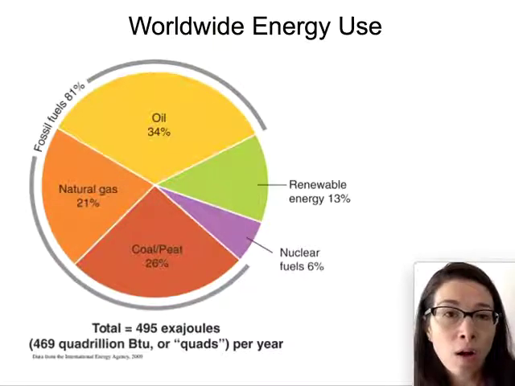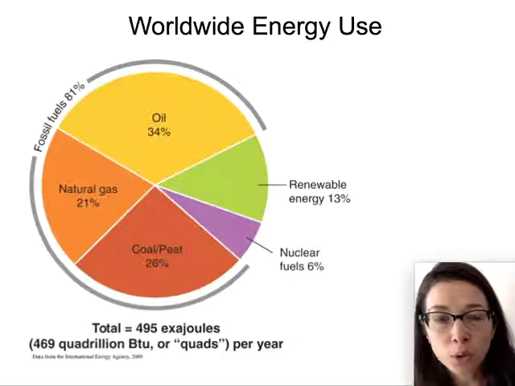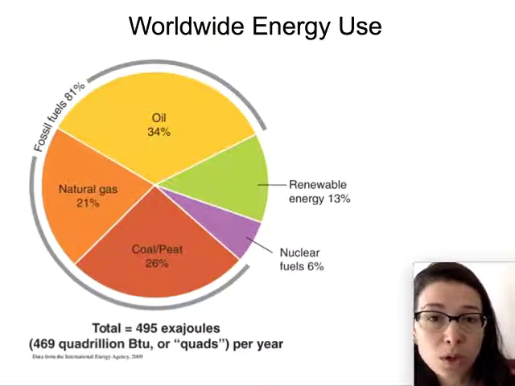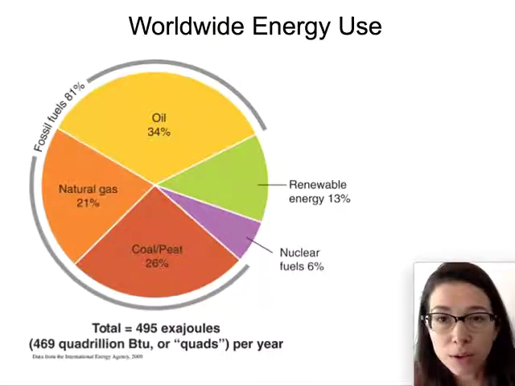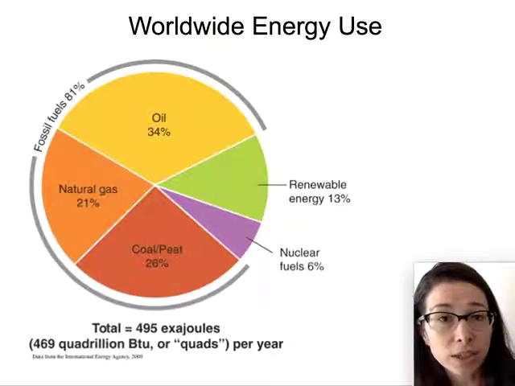And these all fall under the category of fossil fuels. And a little bit more than 10% is generated through renewable energy. And this includes burning wood and other biofuels. And about 6% is through energy and electricity that is generated through nuclear power plants.